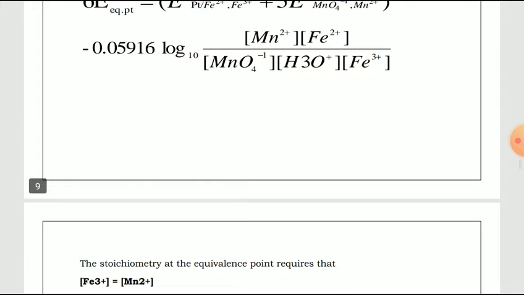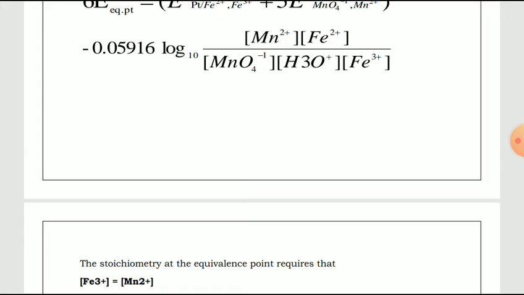Then the stoichiometry at the equivalence point requires, that means at the equivalence point of this titration, what will happen? The stoichiometry occurs. How?